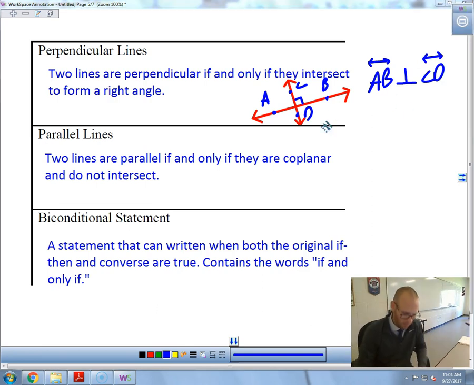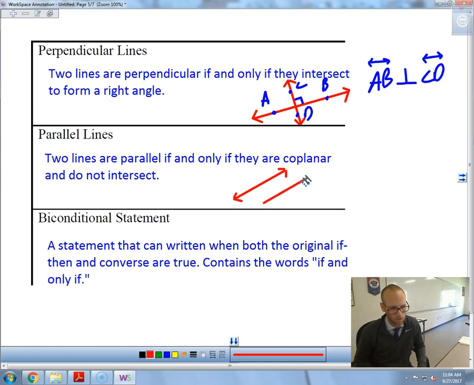Parallel lines would look something like this. Now I have a mark that I put on parallel lines so I know they're parallel, just like we have a mark for a right angle. I put an extra set of arrows onto the lines.